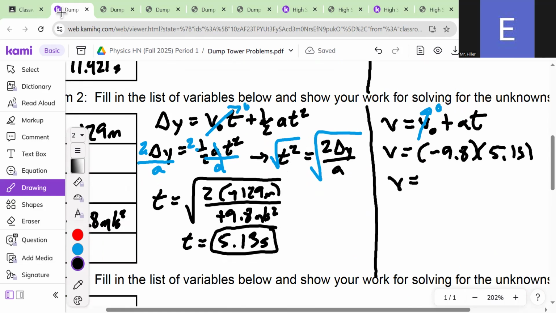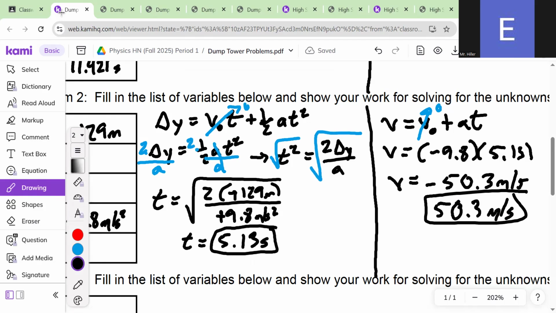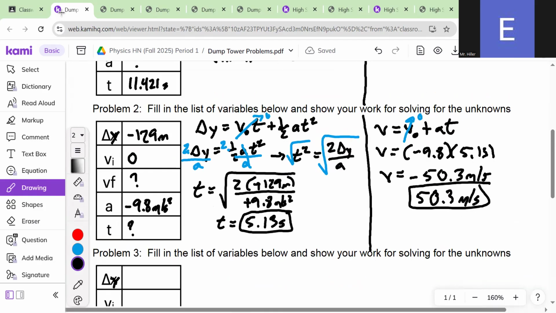Now the velocity is going to be negative because the object is headed downward. However, the speed is just going to be the absolute value of that, which in my case is going to be 50.3. Go ahead and take a moment to enter your values in and let's see how we do.